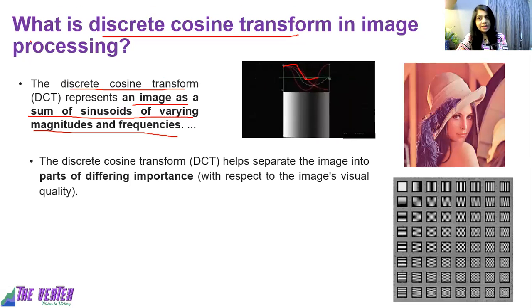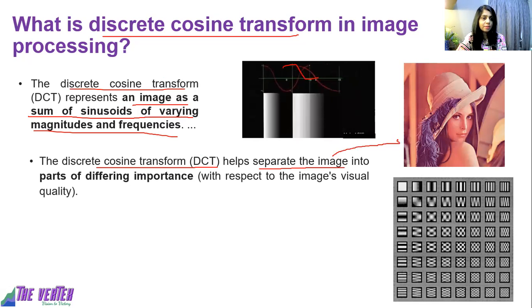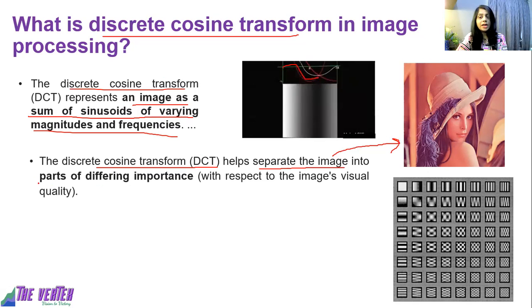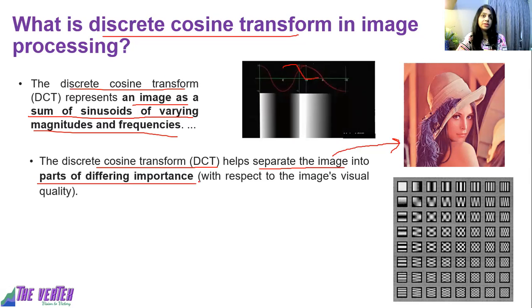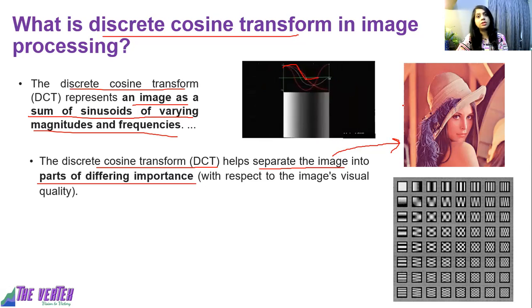Now what does DCT do? Discrete cosine transform helps separate the image. Let's take an example of this image. It separates the image into parts of differing importance.